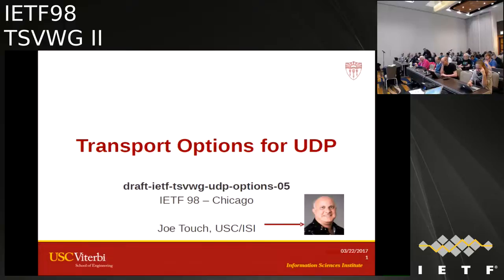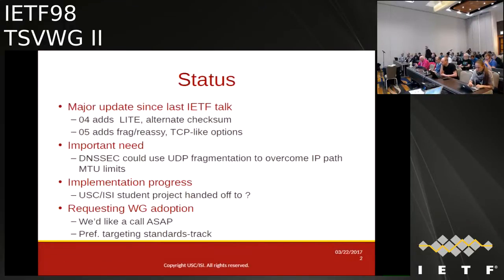So this is an update on the transport options for UDP. Next slide. The status is that the draft is a major update since the last IETF talk. There have been two updates published. 04 added the LITE option and the alternate checksum. LITE is to emulate what UDP Lite does, where only a fraction of the UDP payload is covered by the internet checksum, the UDP internet checksum.